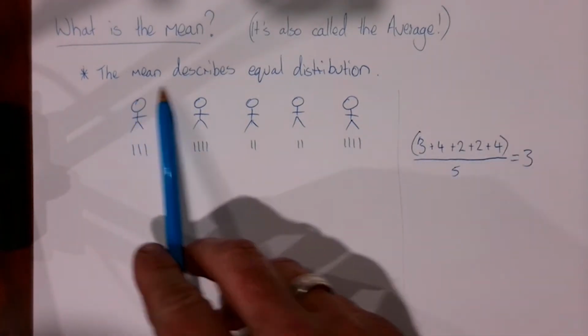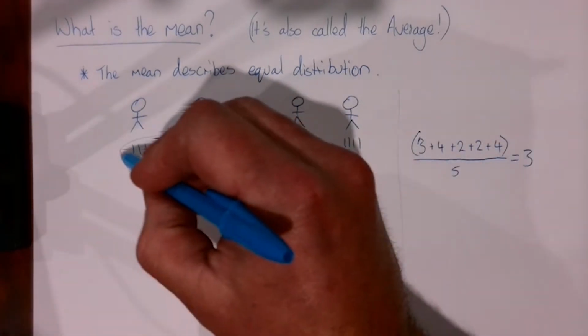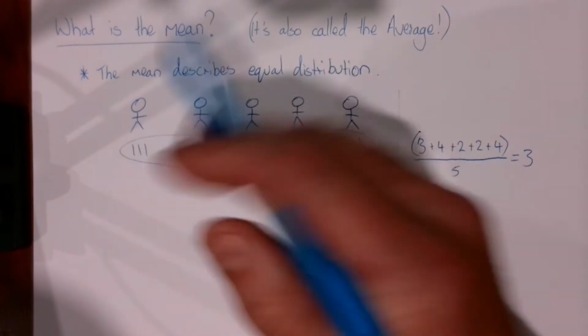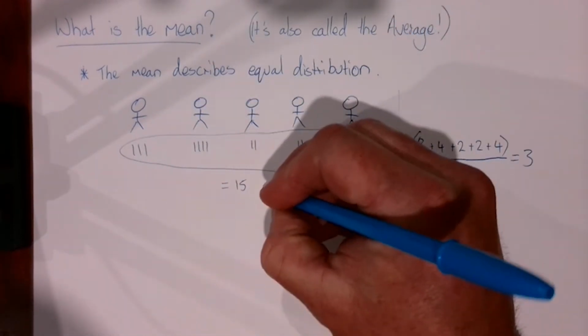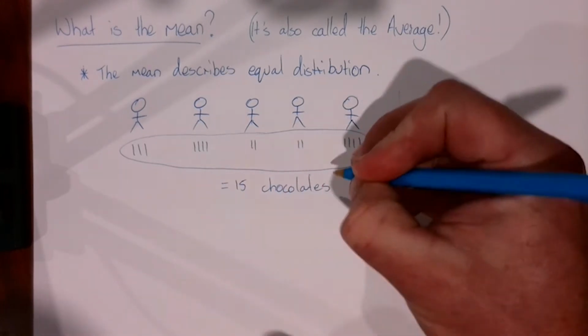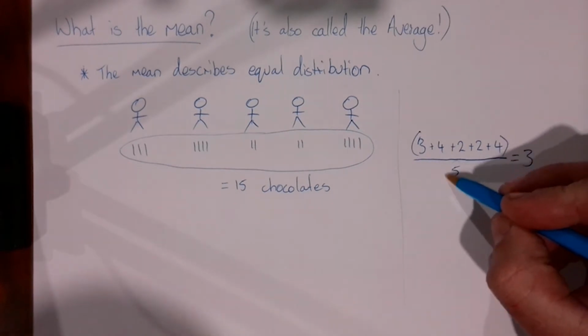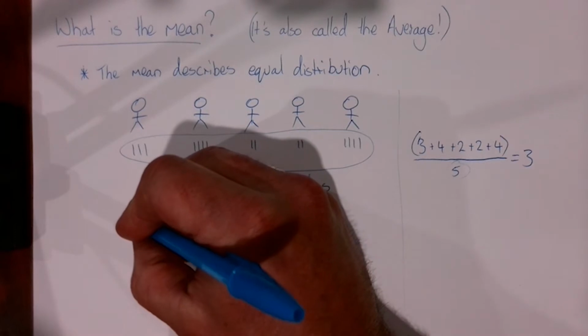When we're describing equal distribution, this is why the mean works. What we do is we take all their pieces of chocolate and we group them all together. So we've got 15 pieces of chocolate all together. And then this part of the equation, the divide by 5, means to share them out equally. We'll deal them out like cards.